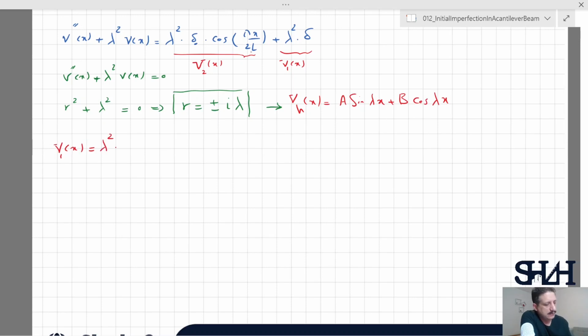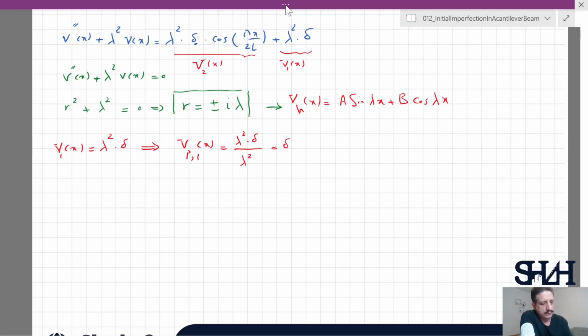So it is lambda square delta, and from here the particular solution will be lambda square delta divided by lambda square, and it's delta. This is the solution for the first non-homogeneous function.